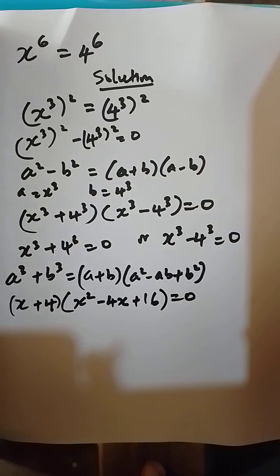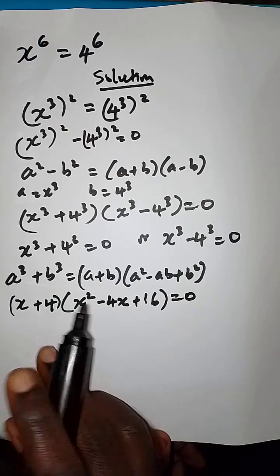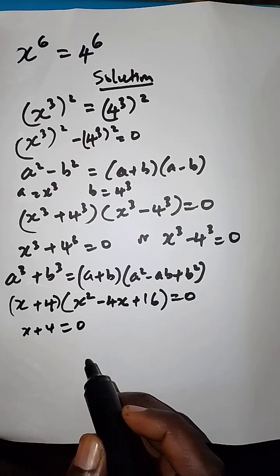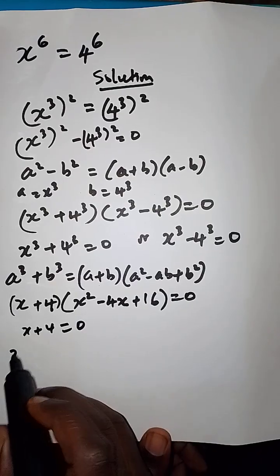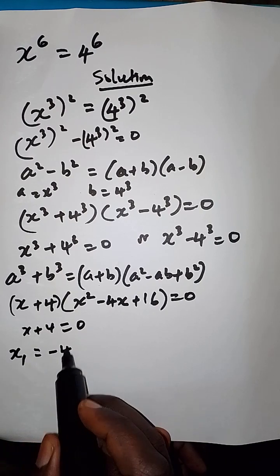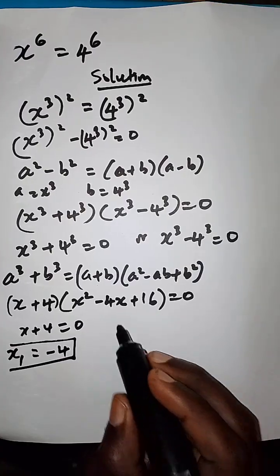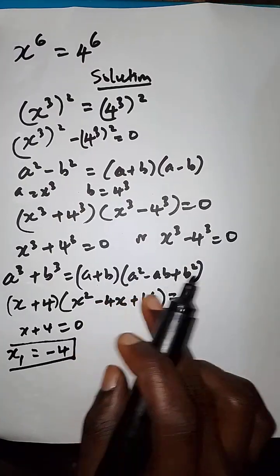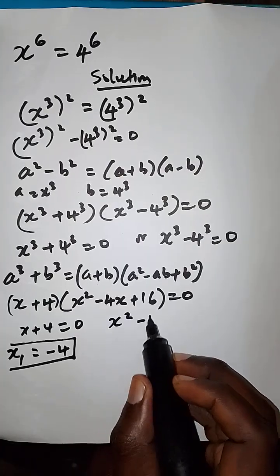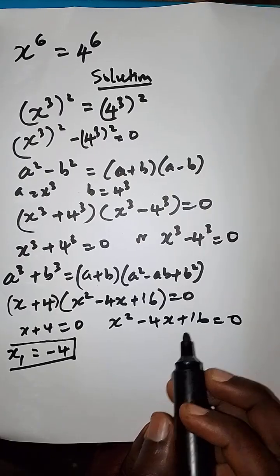If you are keen enough, we are able to find our first solution when you take x plus 4 equal to 0. It goes that our first value of x is equal to negative 4, and the second and third values we're going to find from this quadratic equation: x squared minus 4x plus 16 is equal to 0.